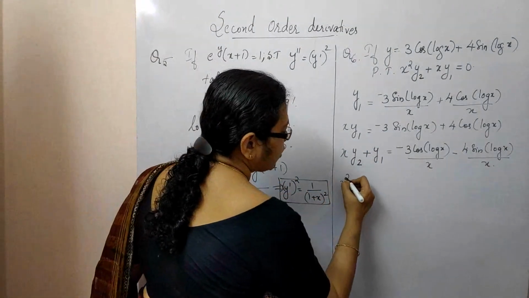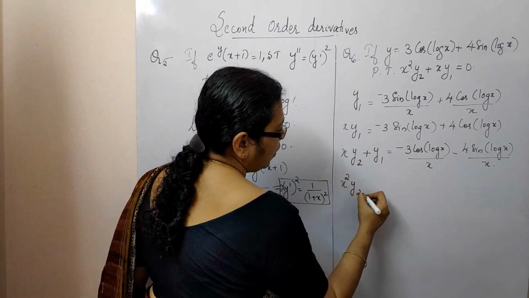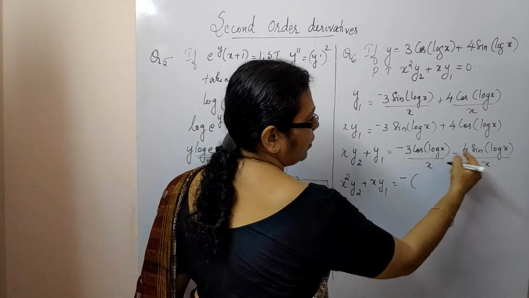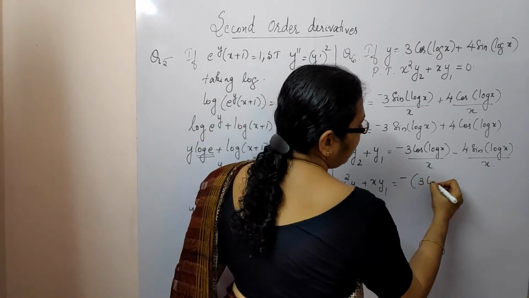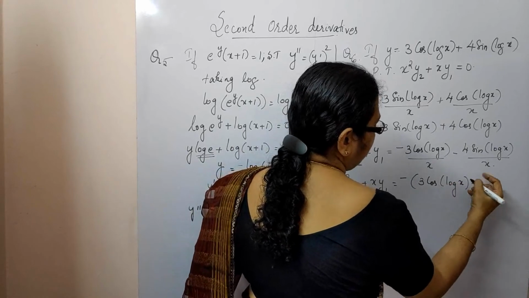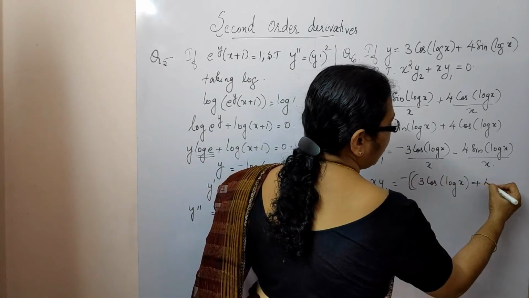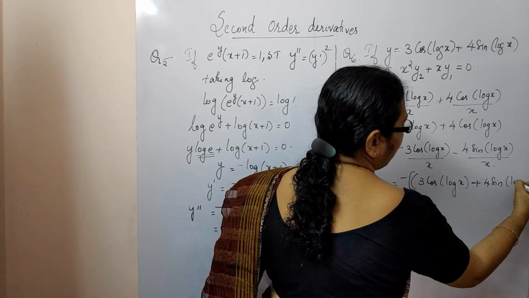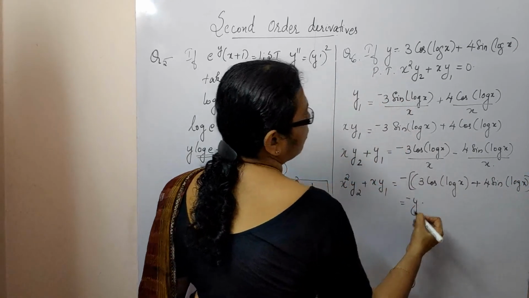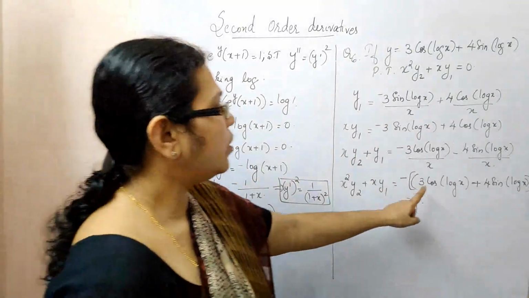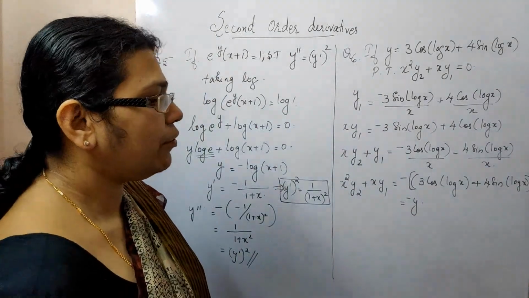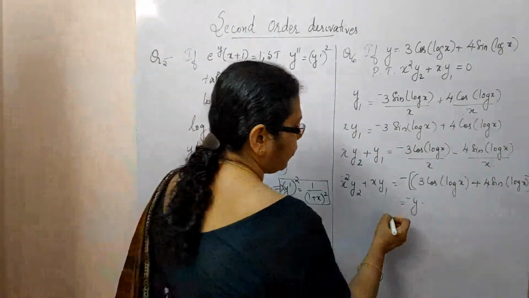So I get x square into y2 plus x into y1 is equal to minus of, from these two I took a minus, 3 cos of log x plus 4 sine of log x. Now this is minus of what? Y. 3 cos log x plus 4 sine log x is equal to what? Minus of y. So that's the proof.